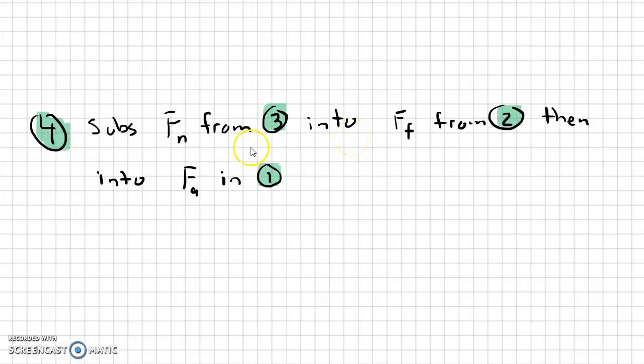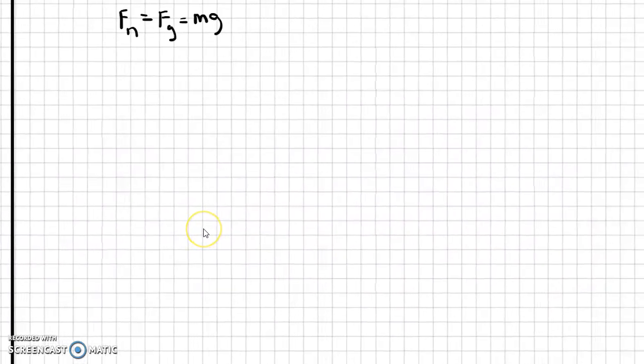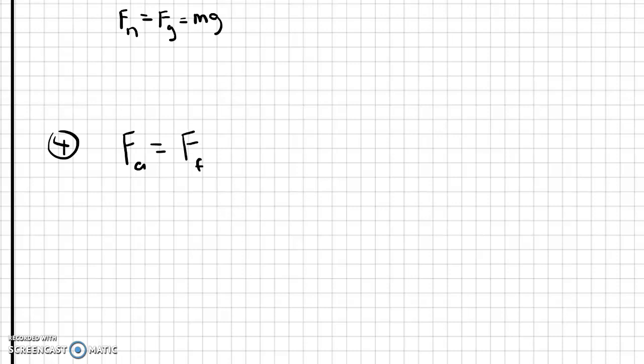Step 4 is going to be using the 3 previous steps. Basically, we solve for the normal force in step 3. We can substitute that into the force of friction from step 2, and then in the applied force in step 1. So let's go over here and take a look at what that's going to look like. From step 1, we had the force applied equal to the force of friction.